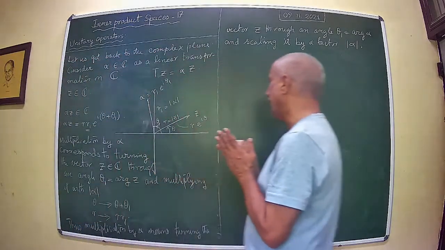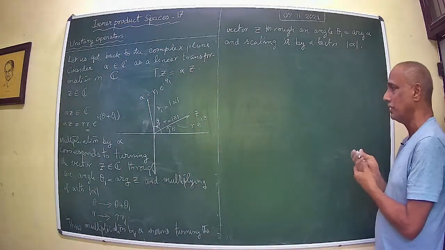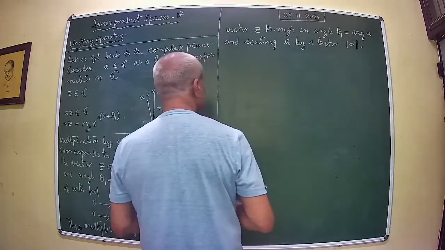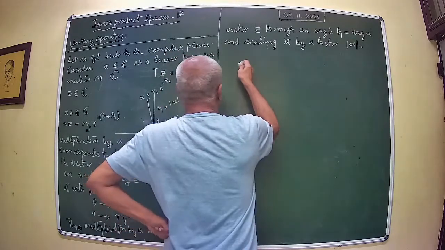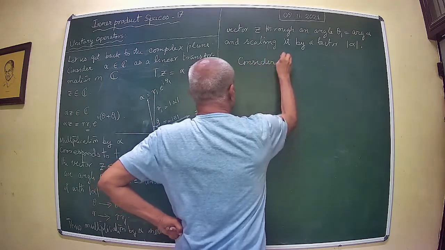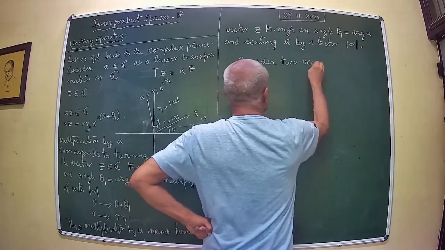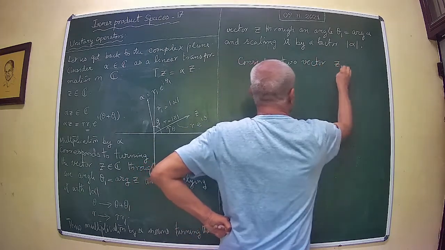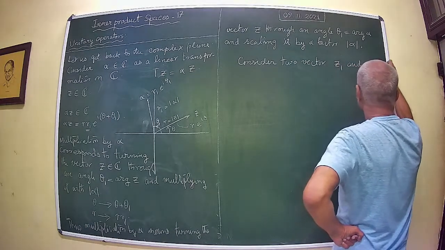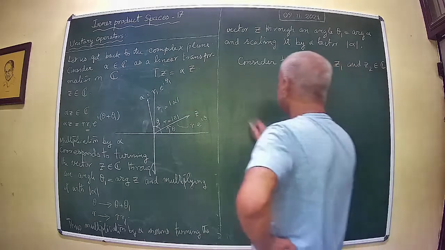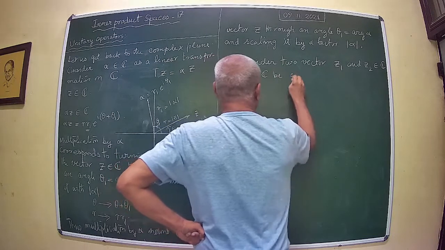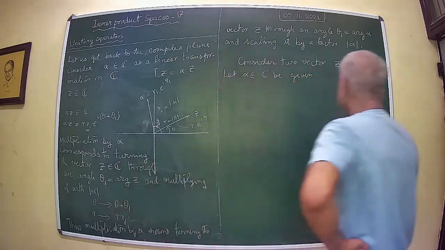Originally, the angle between z1 and z2 is given by the argument of z2 over z1. Then we observe the following.